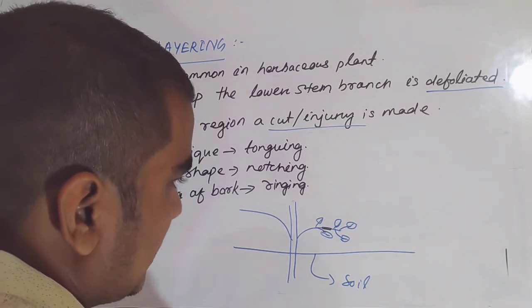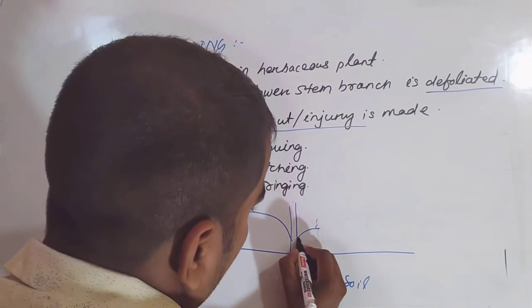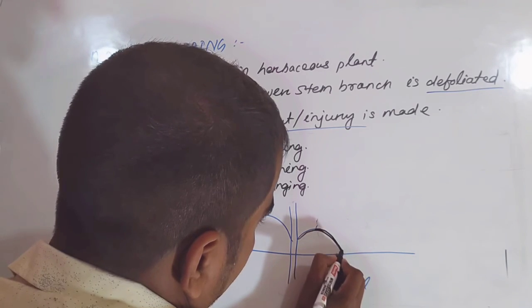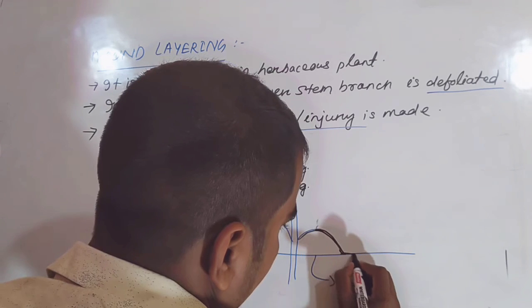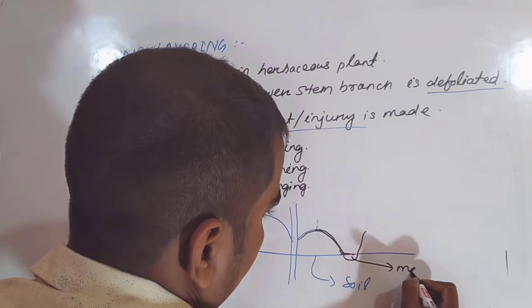Let me draw the diagram. Suppose now we bend the stem branch to the soil or to the ground and cover it with moist soil. Here, this is the moist soil.